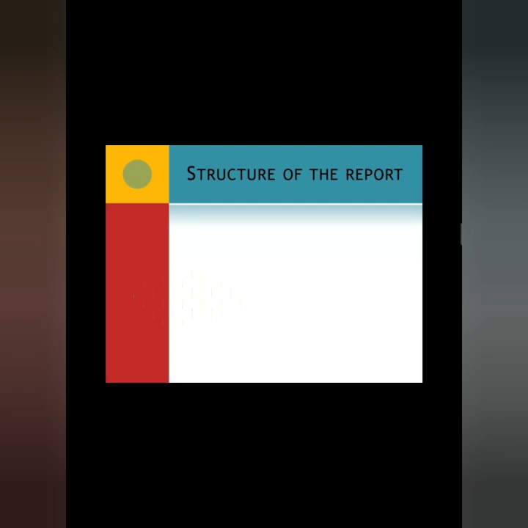So now let's talk about the structure of the report. So for the structure of the report, there are 3 sections. Okay, 3 sections in a report. Namely, the first one which you will see in a report is the preliminary section.